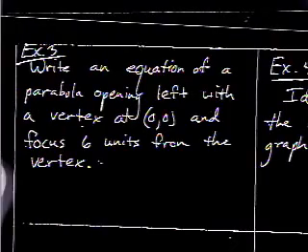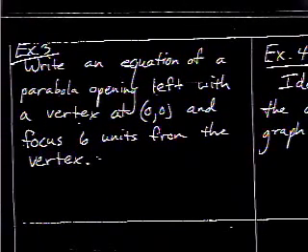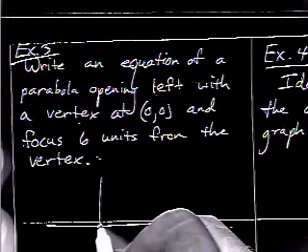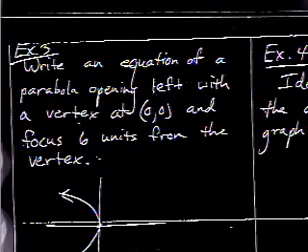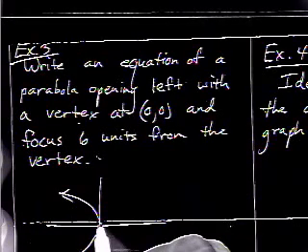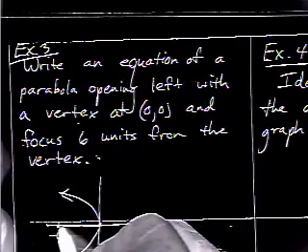Example 3 says write an equation of a parabola opening left with vertex at 0, 0 and focus 6 units from the vertex. Well, 6 units from the vertex, we have to go inside the parabola to find the focus.